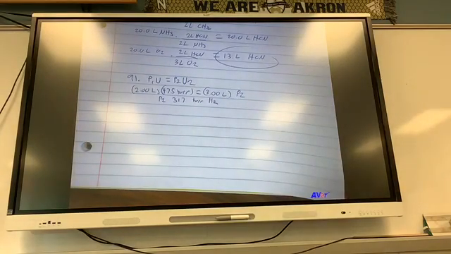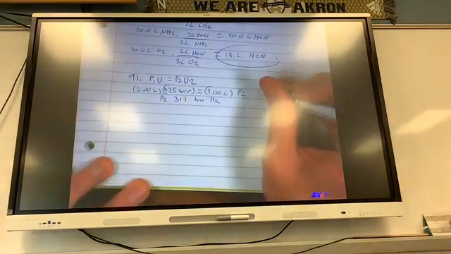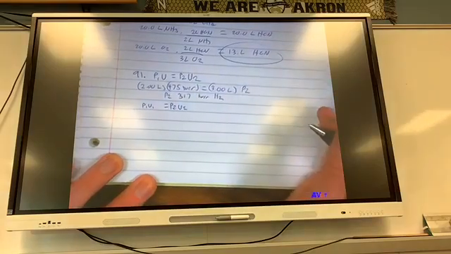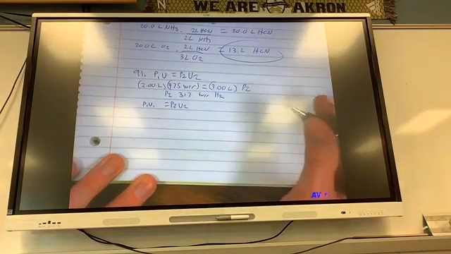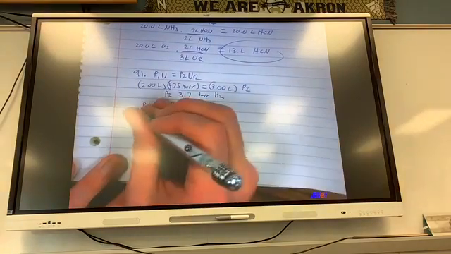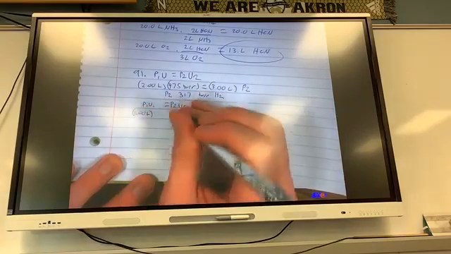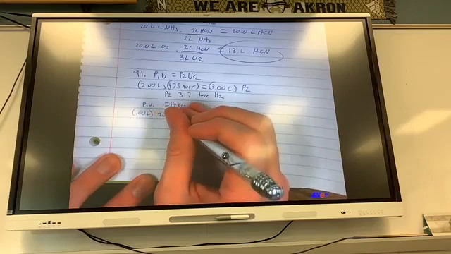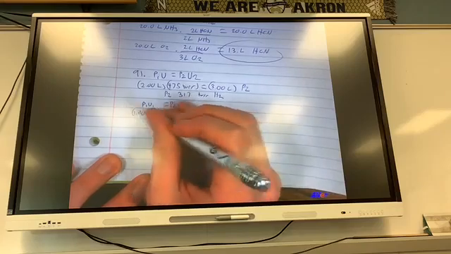Then, what's the total pressure in torr? So now I have to do this again for the other one. I'm going to do P1V1 equals P2V2 again. On the other side, I started out with 1.00 liters of nitrogen times 0.200 ATM.